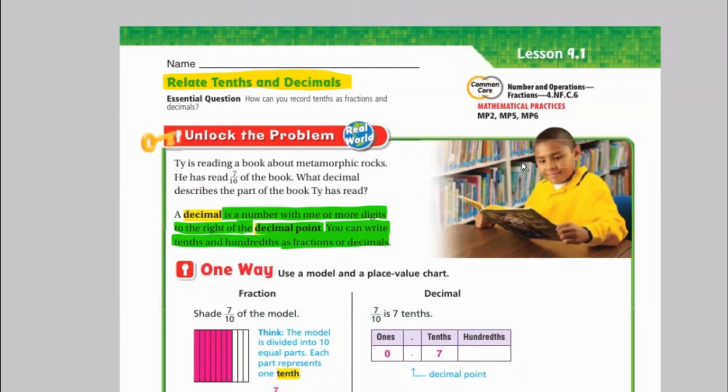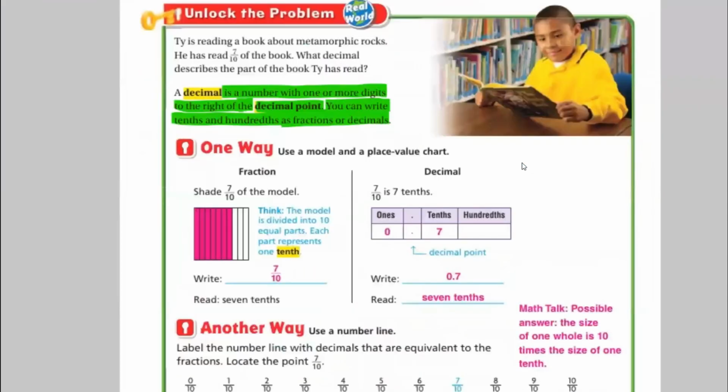Okay, let me show you how. The first way, we're gonna use a model and place value chart. We all know how we can write fractions using models, right? If you want to write a fraction using a model, you have to start on the top at the numerator with the shaded parts, and the lower part, which is the denominator, represents the total number of parts.